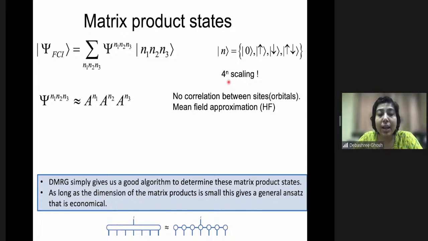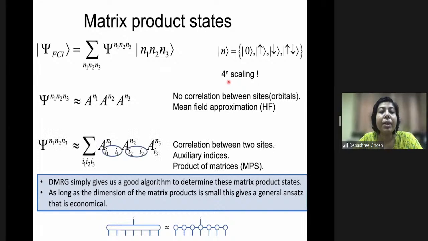Of course, you are antisymmetrizing it, but other than that, there's no correlation between them. And the DMRG wave function, or the matrix product state wave function, looks like this, where this is the auxiliary index, which is basically carrying the information of entanglement from the first site to the second site to the third site to the fourth site, and so on.